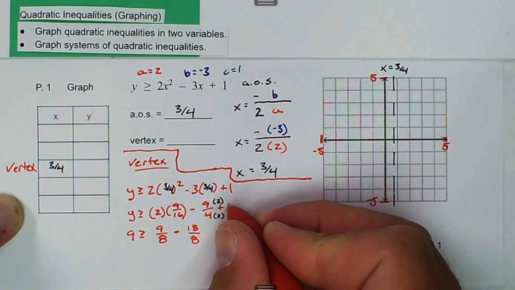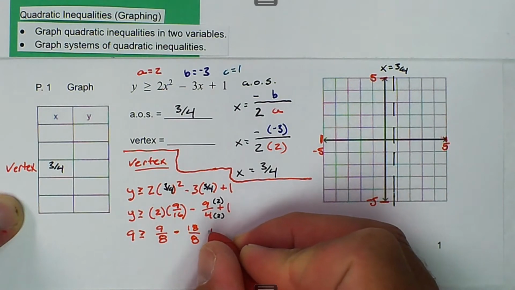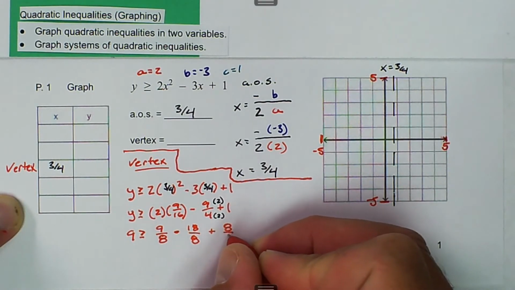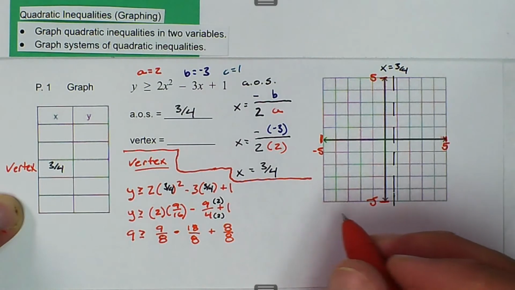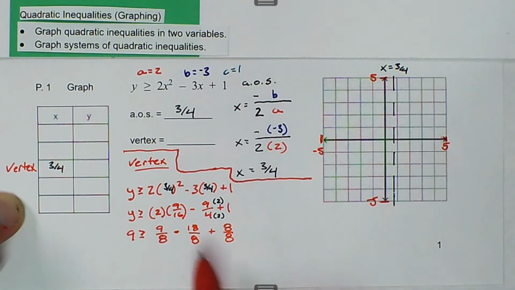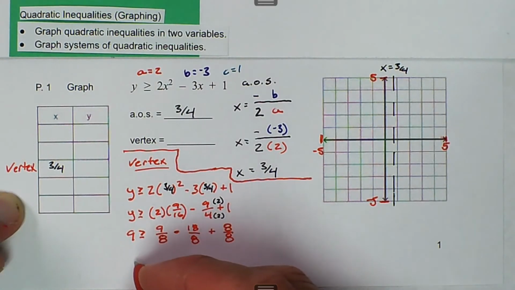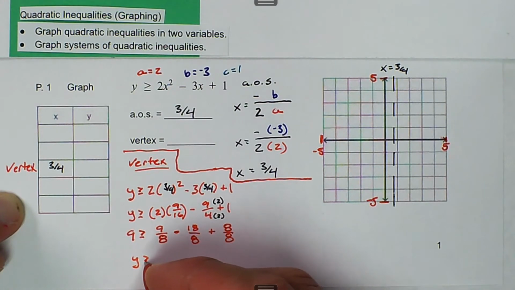And another way that we can write 1 is 8 over 8. So we have a common denominator, so we can just add or subtract the numerators. 9 minus 18 is negative 9, plus 8 is negative 1. So this is y is greater than or equal to negative 1/8.